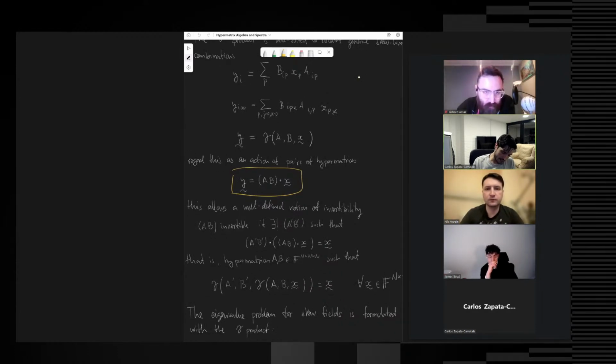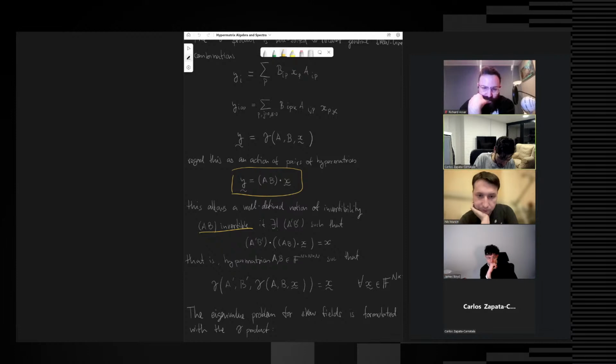So because you can define something like a monoid or a group, you can define invertibility, and so you can say that AB, the ordered pair, is invertible when you find another ordered pair, A dash, B dash, such that when you post-compose with the second pair, you get identity as an action. So you act on x with AB, then you apply A dash, B dash.